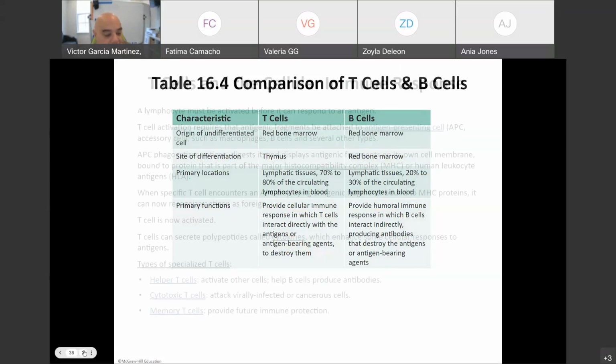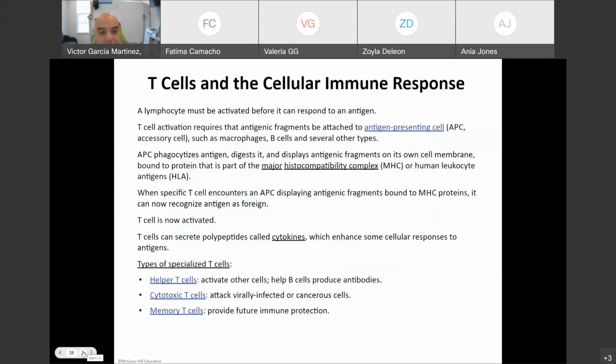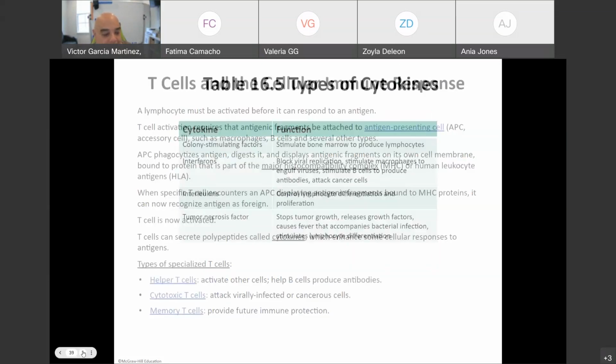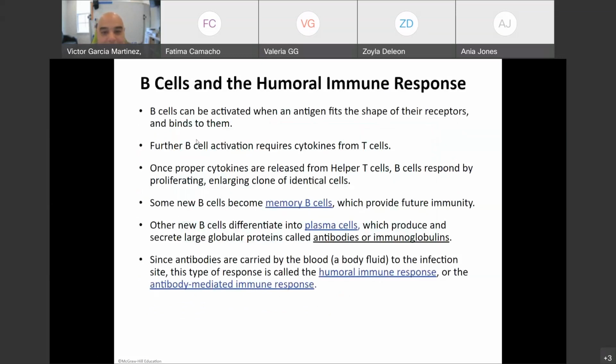What else do we have here? Let me check something more important than that. Nice. B cells and T cells can mature, and after that they're going to have two or three kinds of cells. B cells, at the beginning, are naive and uneducated.